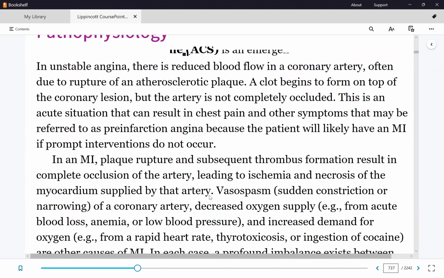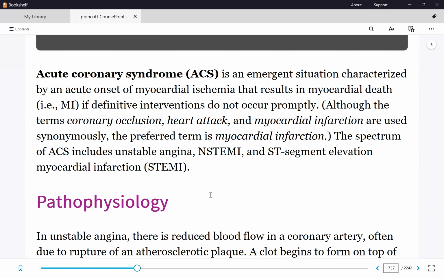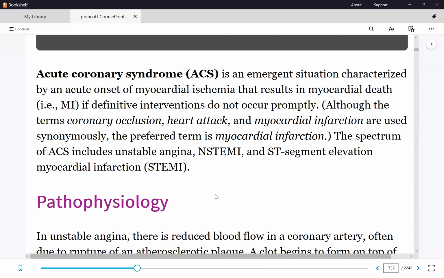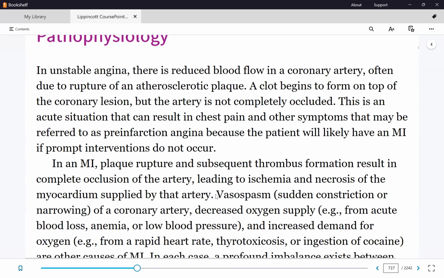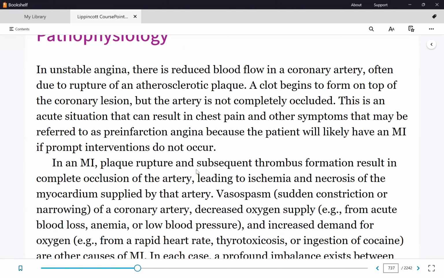So the difference between the three acute coronary syndromes really is the degree of myocardial ischemia, meaning how narrow is the coronary artery, or how severe is the blockage. That's really what separates the three. And of course, the results on the 12-lead ECG.